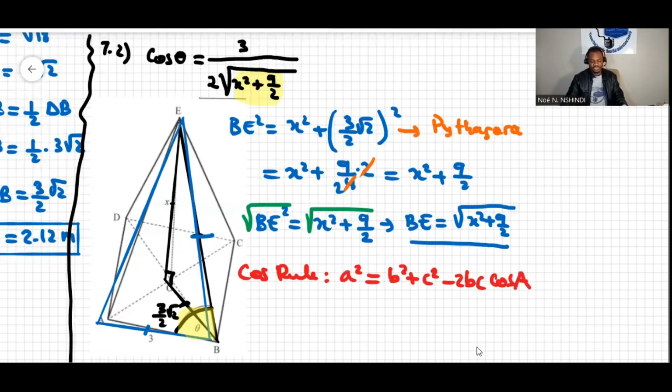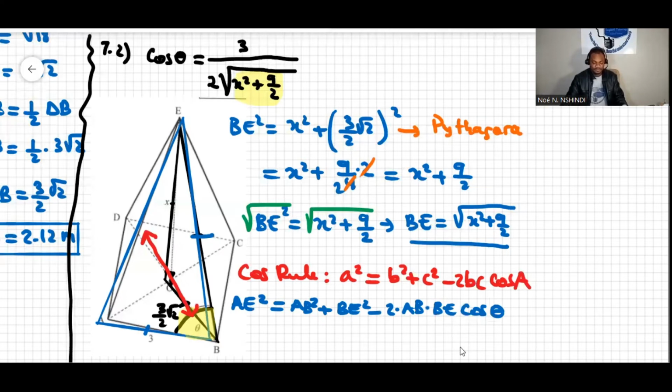In this situation the opposite angle will be theta. So AE squared will be equal to AB squared plus BE squared minus 2 times AB times BE times cos of theta.